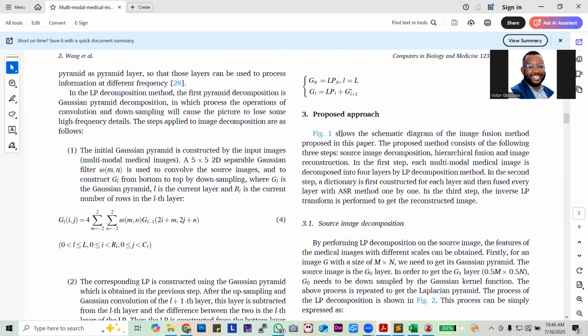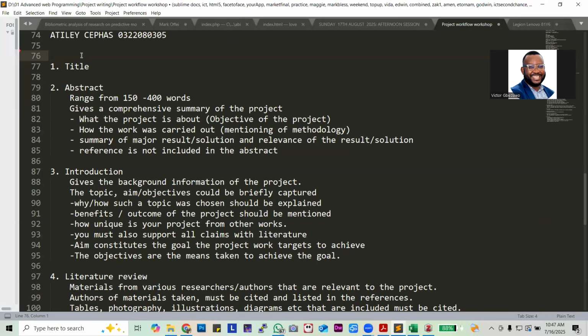So you see here the schematic diagram of this proposal shows that they use 3 steps: the source image decomposition, hierarchical fusion, image reconstruction. Okay, and in each step they used the LP decomposition method. So invariably, you can take the first step, second and third step. You can copy this, then rephrase it.